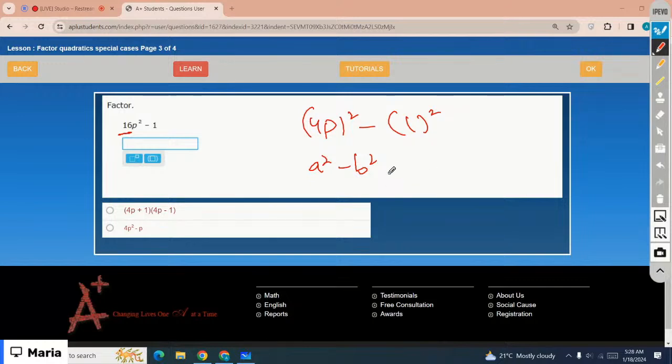Whenever you have something like a square minus b square, you can write it as a minus b and a plus b. So you can write 4p minus 1 and 4p plus 1. So option number 1 is the correct option, that is 4p minus 1 and 4p plus 1.